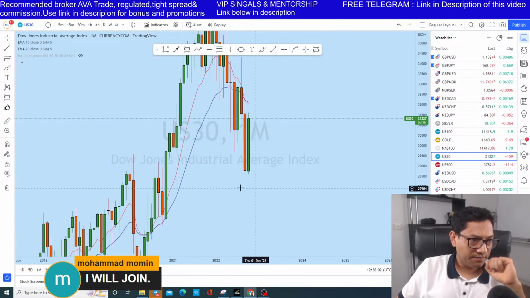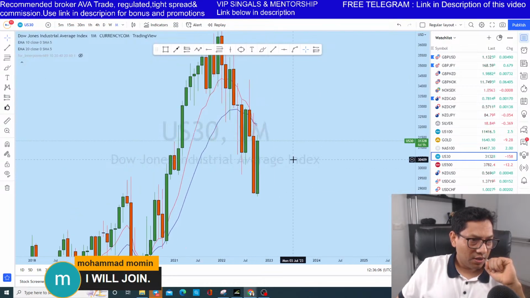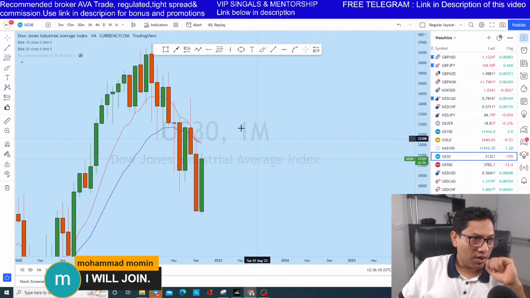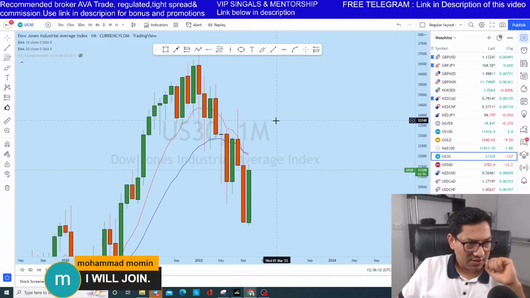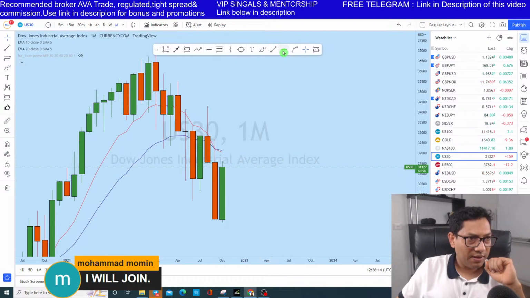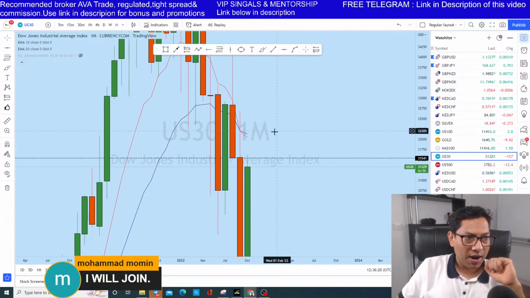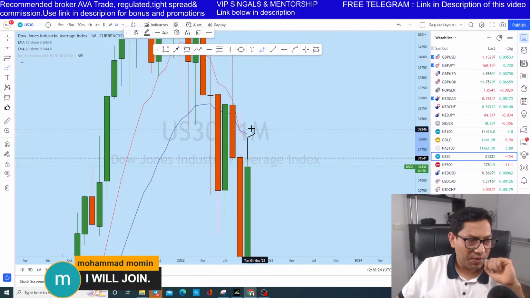After a little down, we have seen an immediate rise. Now the price is at the monthly opening and closing, right? This is the resistance. I think it might go a little up on the monthly perspective.